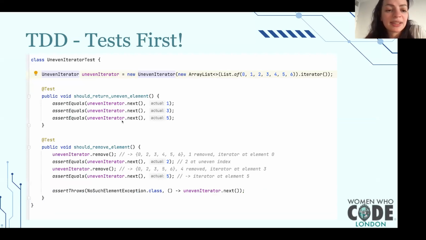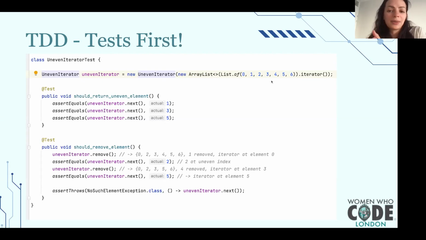We say that, okay, we have this uneven iterator, and when we call the next method, we expect that we will go to position 1. If you use just a regular Java iterator, you will be at position 0. So 0, 1, 2, 3, 4, 5, 6, that's what the Java iterator will give you.